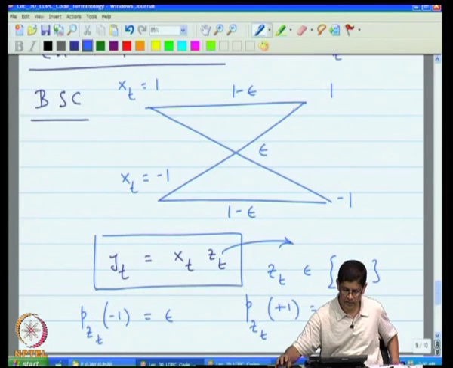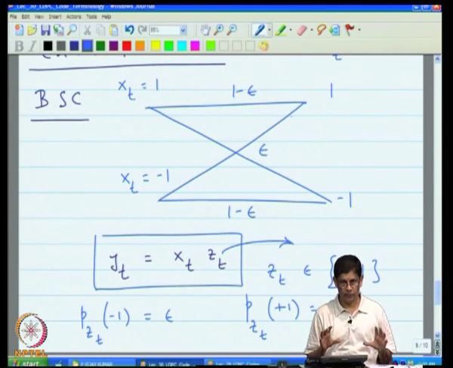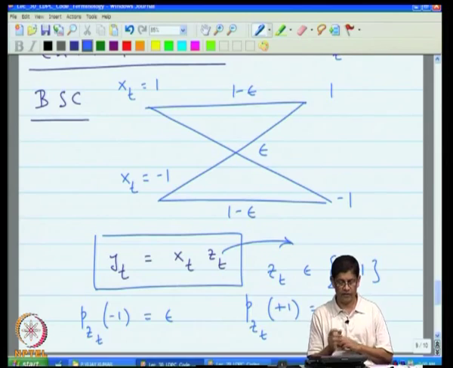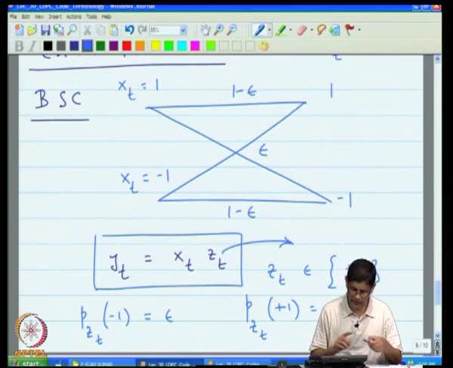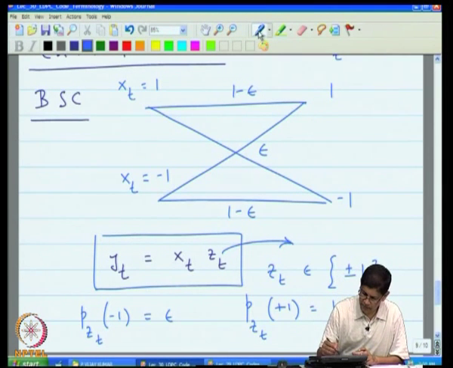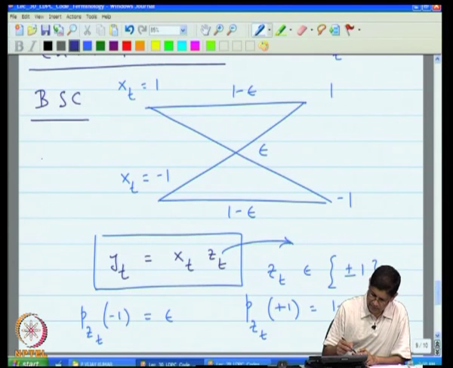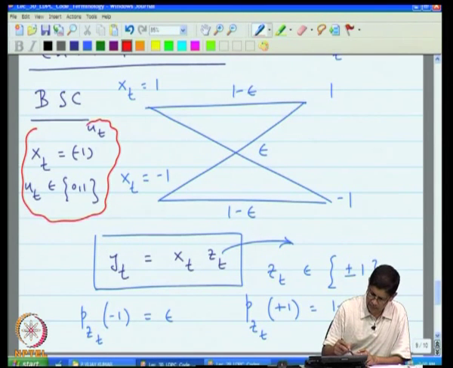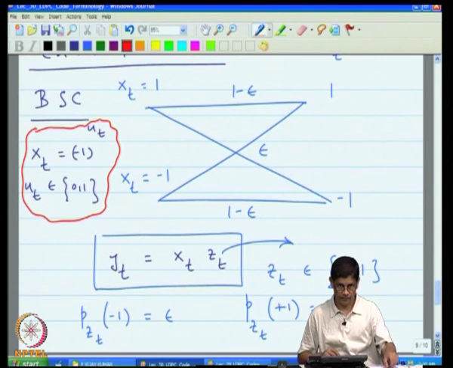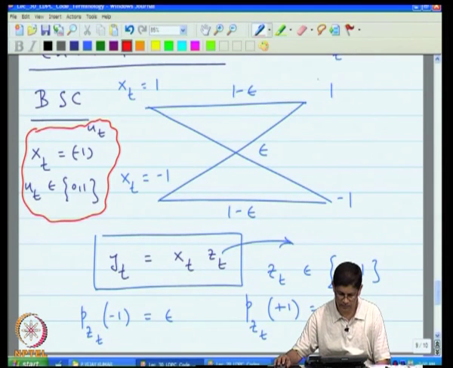Typically, when we encounter the binary symmetric channel, we view it as being additive, and we are working in the 0-1 domain. In case that puzzles you, keep in mind that x_t can be regarded as minus 1 to the u_t, where u_t is either 0 or 1. So, this is just a small change in notation for the symbols, but it actually makes things easier.